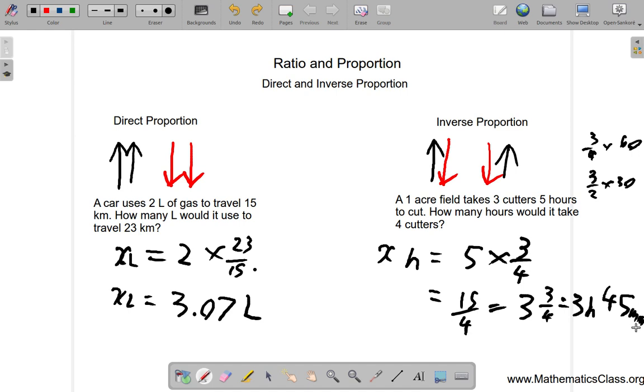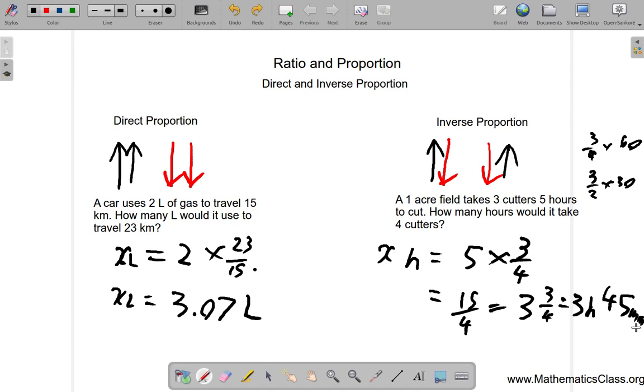So you can calculate how many cutters you need, so you don't hire too many cutters and pay them too much money. They would finish in time, yes, but you could have hired even fewer additional cutters, and they would finish just in time for that event, whatever time it would start. But that's an example of an inverse proportion.